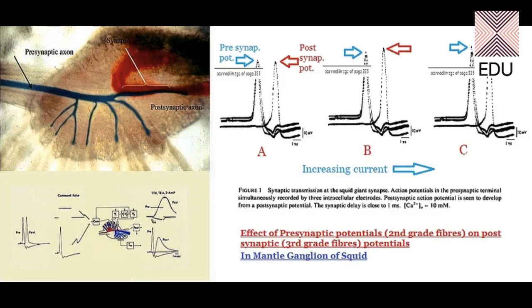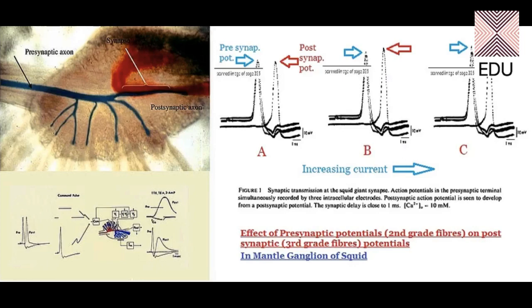Now these graphs are showing the voltage in between the presynaptic knob and the postsynaptic knob.